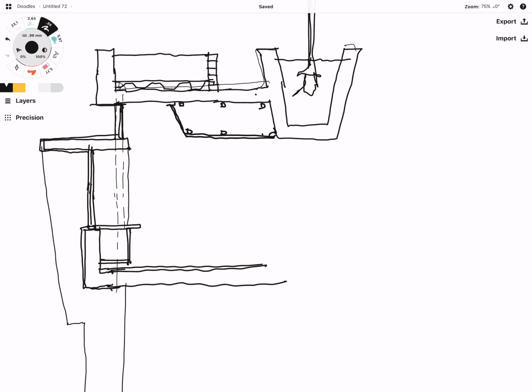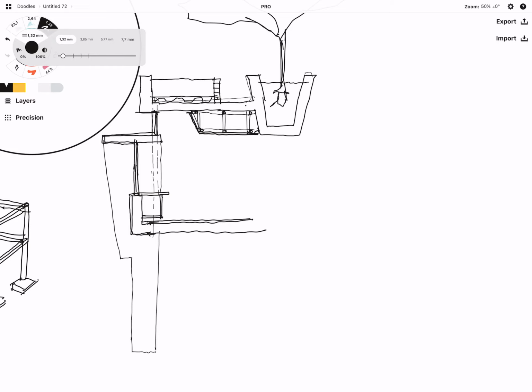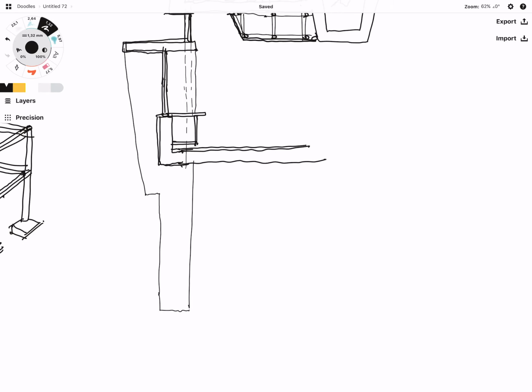It's got a frame. At the bottom, I've got brickwork.